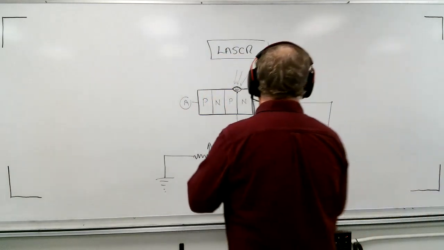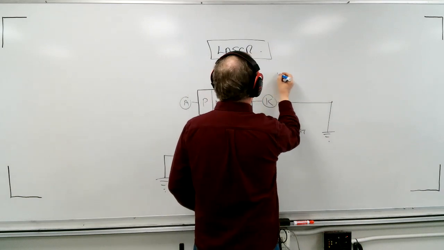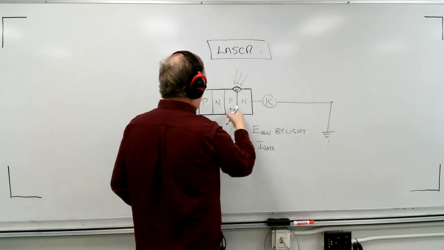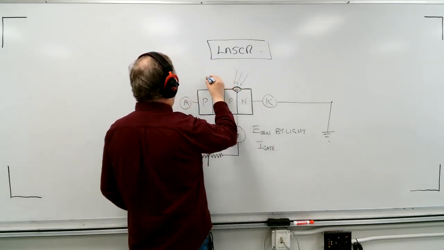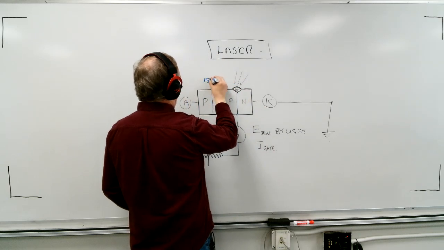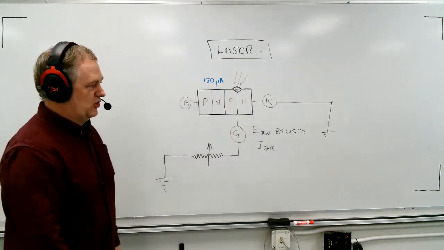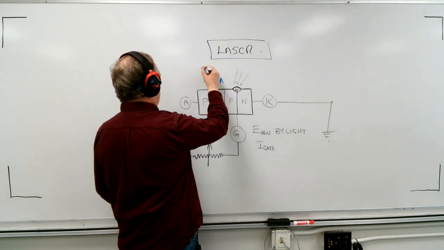So let's start by looking at this. Let's say that the amount of current that we need to actually fire the SCR is 150 microamps, okay? 150 microamps required to fire this into conduction, okay?